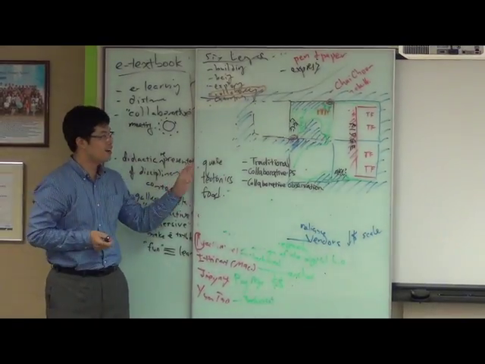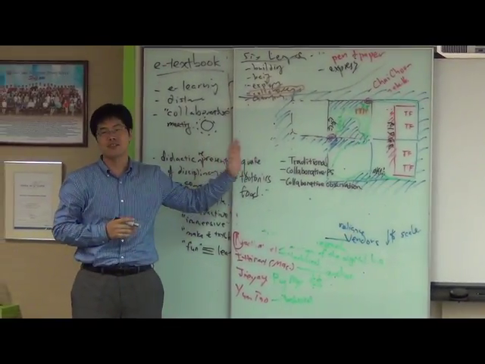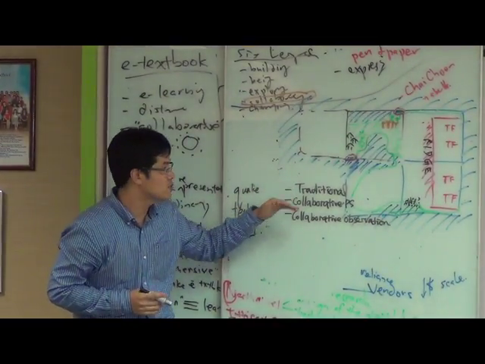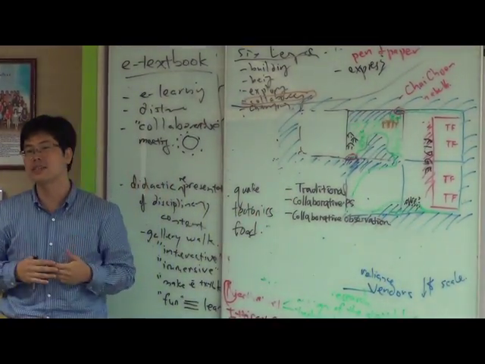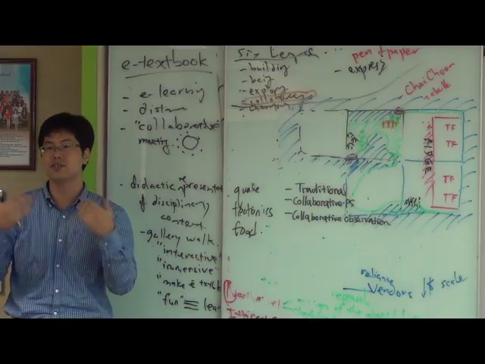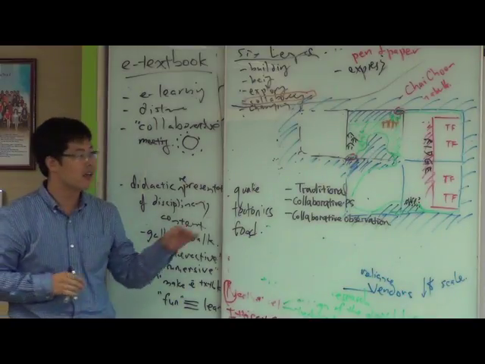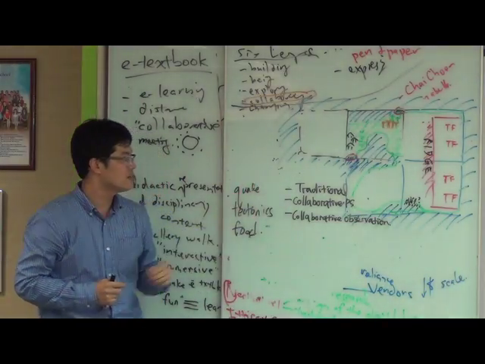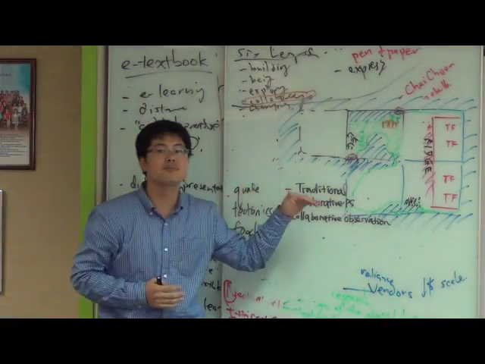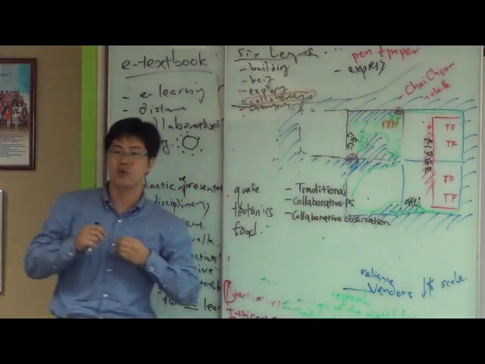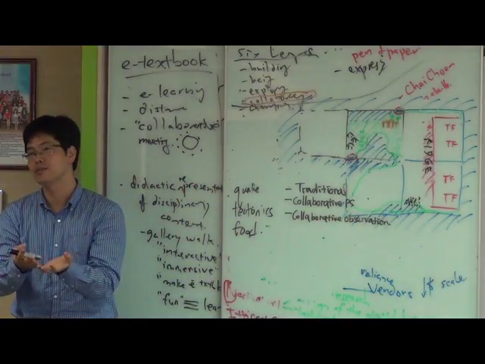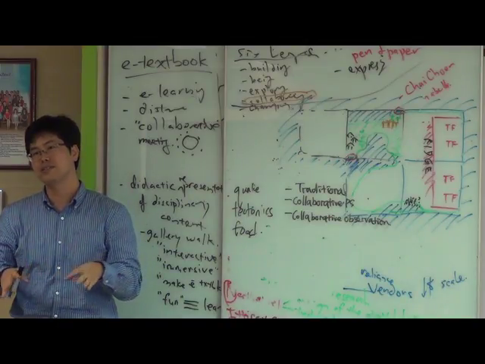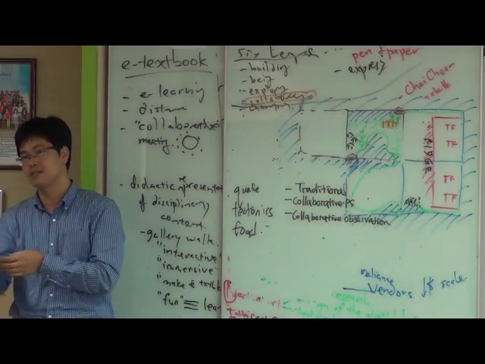From the previous studies or literature, there are three conditions. One is just the traditional one. It's passive learning, and students listen to what teachers say and make notes. The second is collaborative problem solving, based on a problem or task.